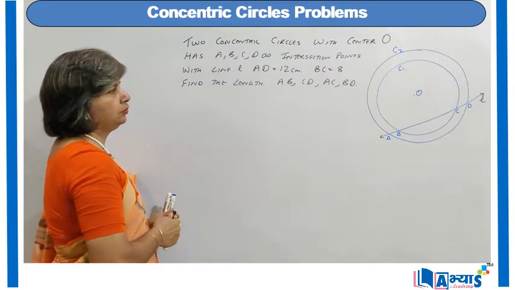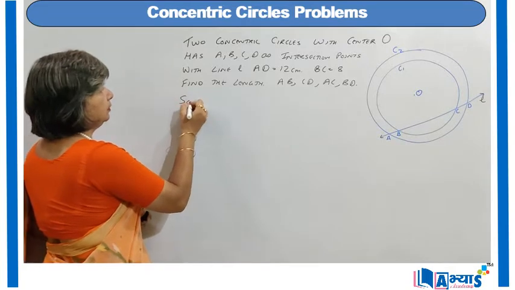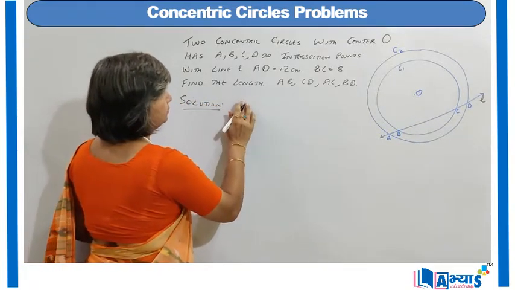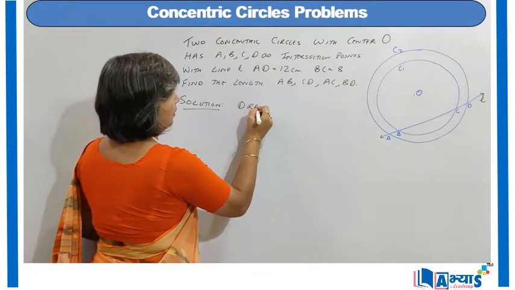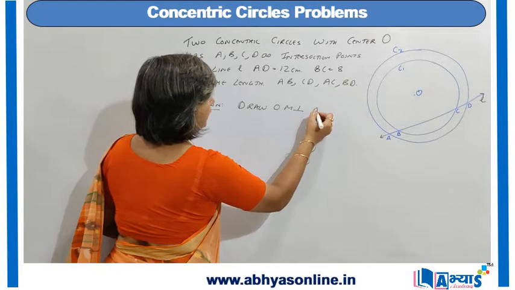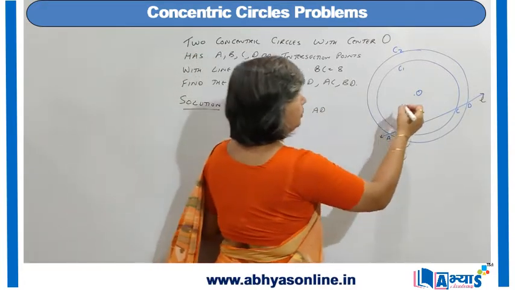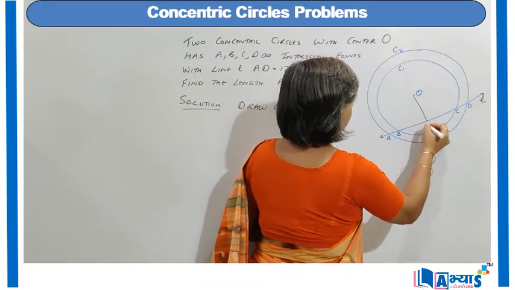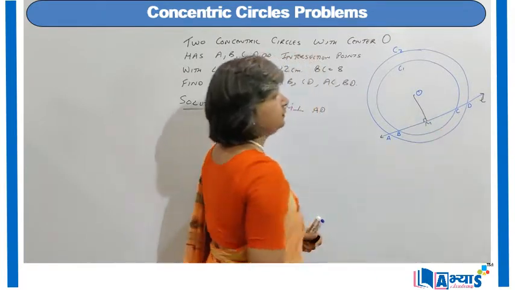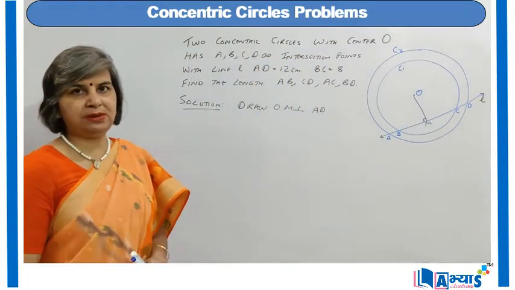Now the solution can be: draw OM perpendicular to AD. That means from O we will draw a perpendicular to this line meeting it at M. As we know, the perpendicular bisects the chord.